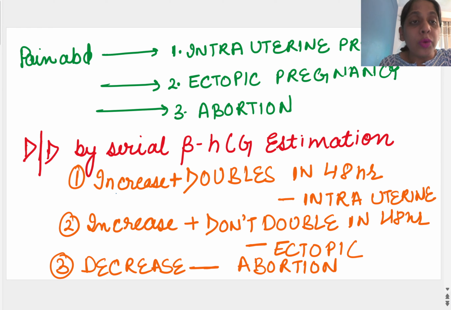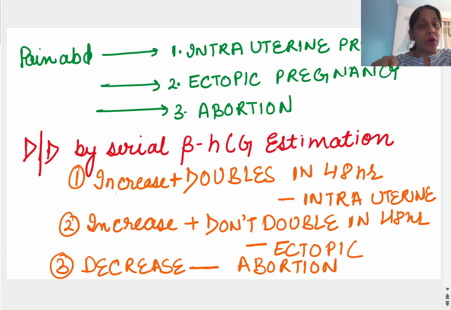Now to diagnose which of these three conditions it is, we will get two beta hCG values done at a gap of 48 hours.